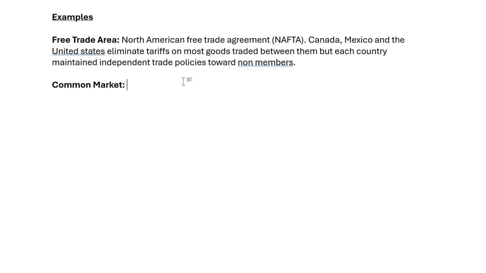Now, in terms of common market, we've got places like the EU, the European Union common market pre-1993.